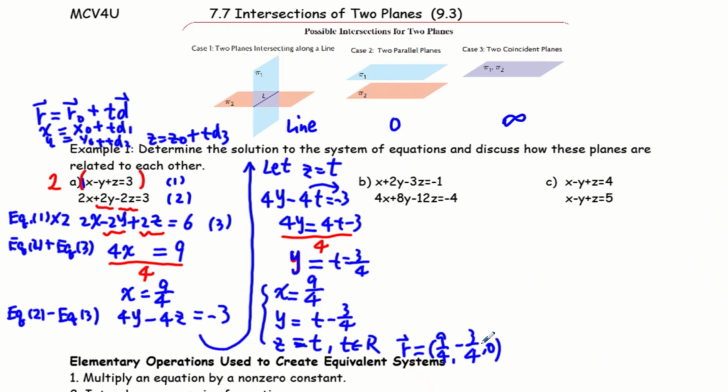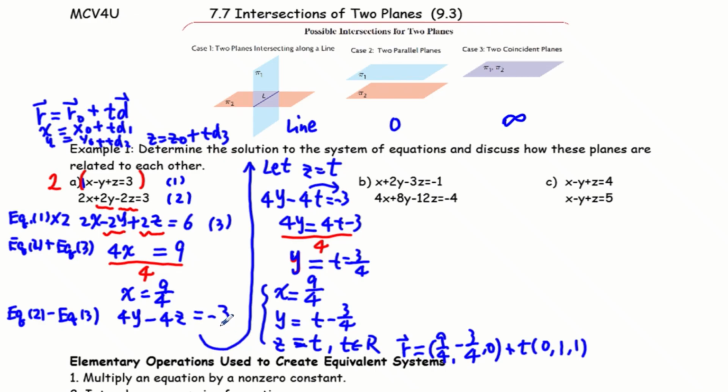They are the point, then plus t times the number at the front of the t. So for x there is no t, so 0, then 1, 1. Then it's done. This is a vector equation, and the earlier one is a parametric equation. So this is how we solve for the intersection of two planes.